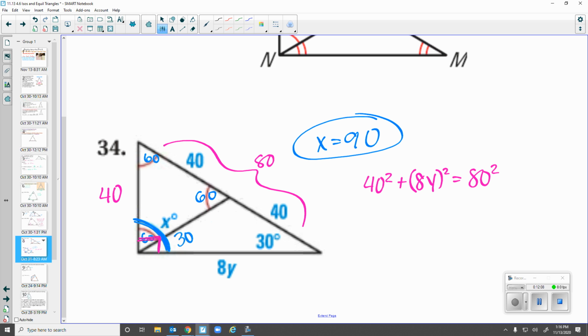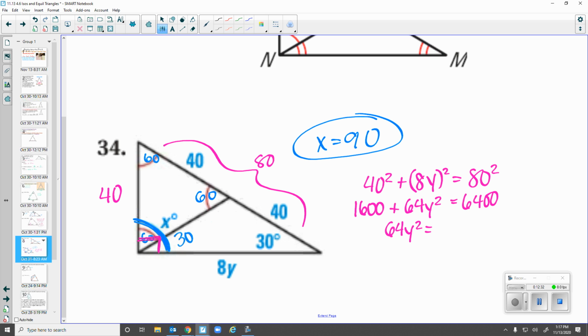Put that in here. 1600. Be really careful with this part when you're squaring. You have to square both parts. So 64y squared. And then 6400 minus 1600. Correct.